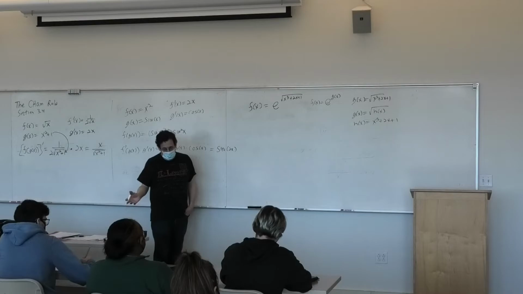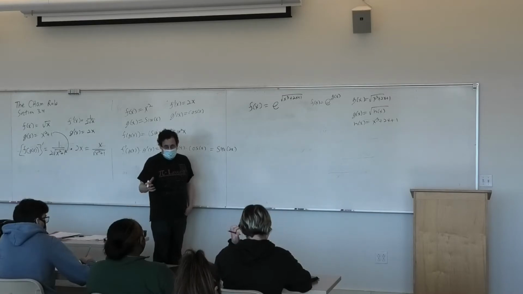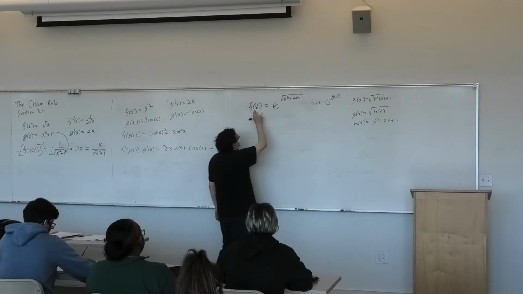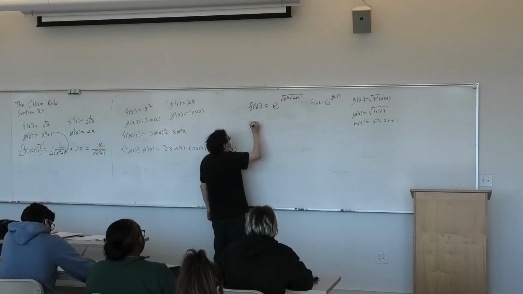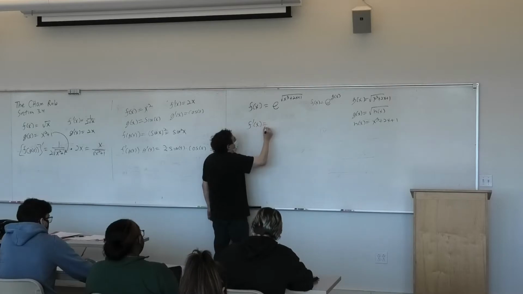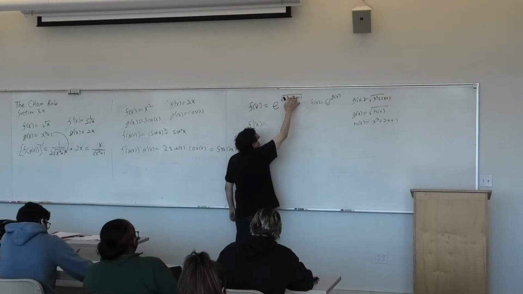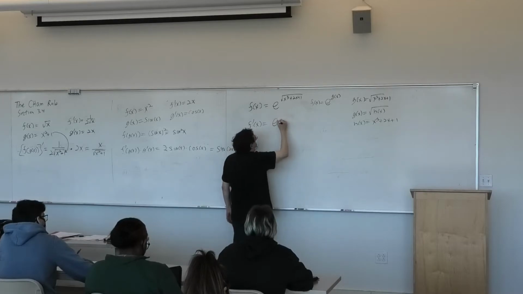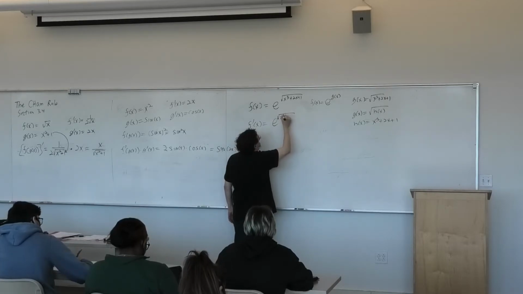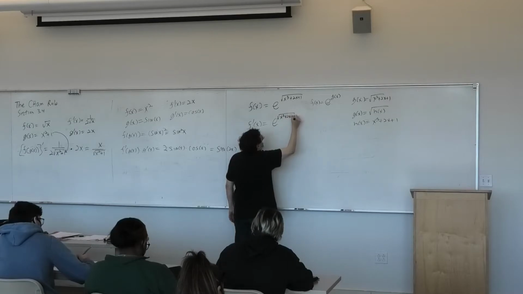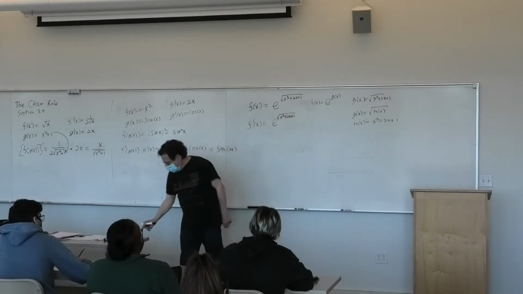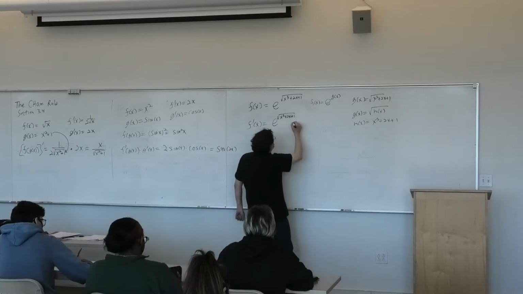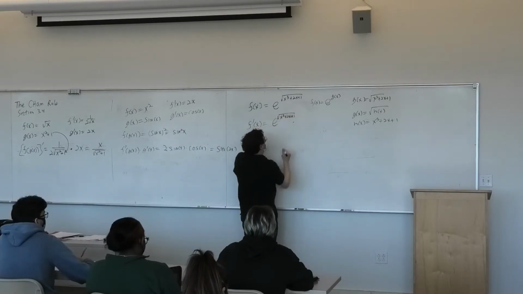Or you kind of do this shortcut. I look at this and I say, well, derivative of f of x is what? e to the something is e to that something, times the derivative of this.